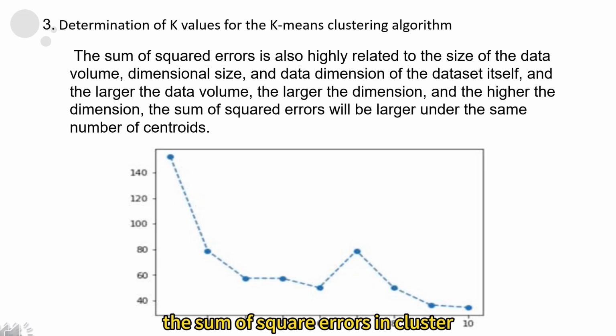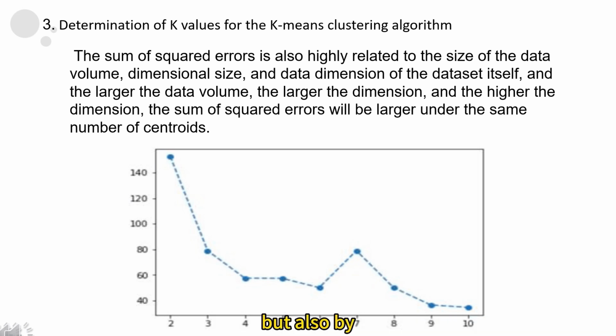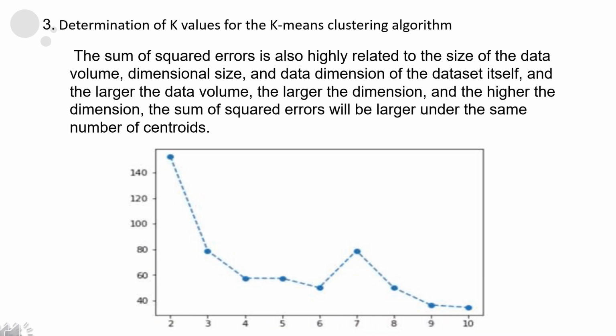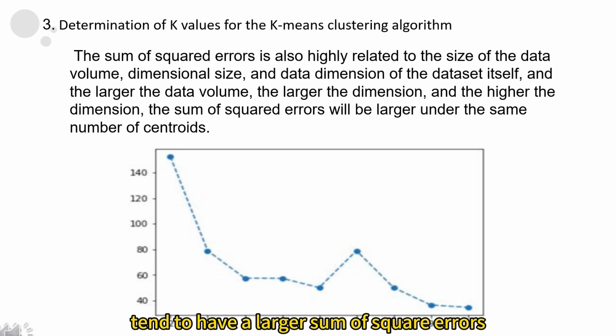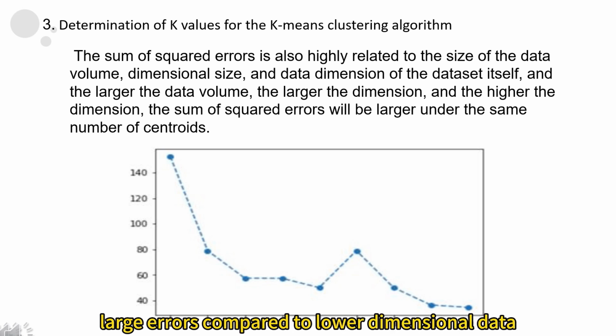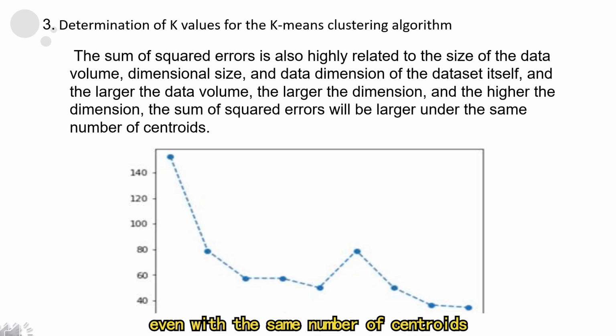The sum of squared errors in a cluster is not only influenced by the number of centroids, but also by factors such as the size of the dataset and the dimensionality of the data. Generally, larger datasets tend to have a larger sum of squared errors, and higher dimensional data also contributes to larger errors compared to lower dimensional data, even with the same number of centroids.